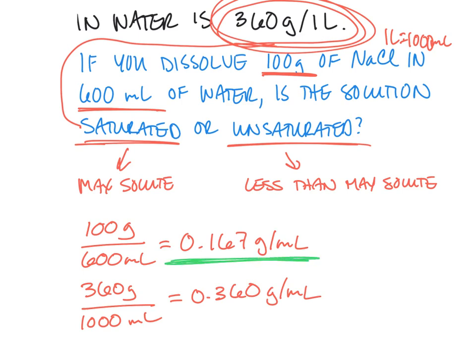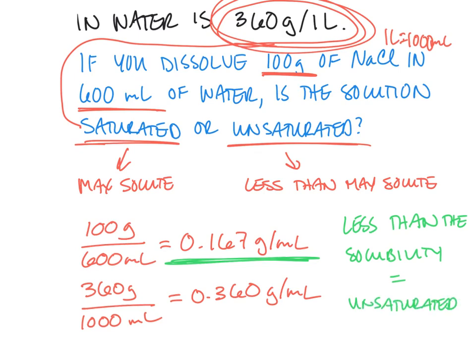Since the amount given in the problem is less than the max, so it's less than the solubility, it means it is unsaturated. If it was the same as the solubility, that means it would be saturated. So since this is unsaturated, it's less than our solubility.